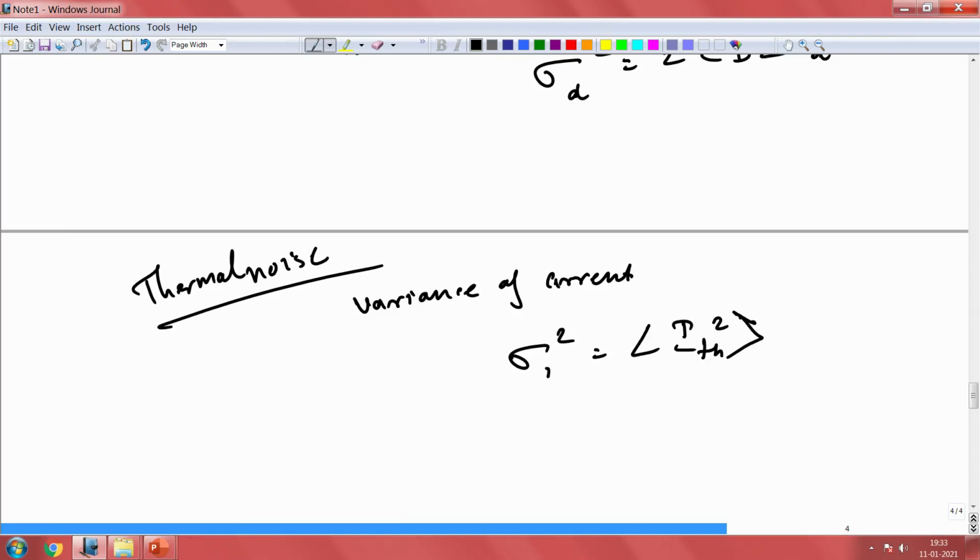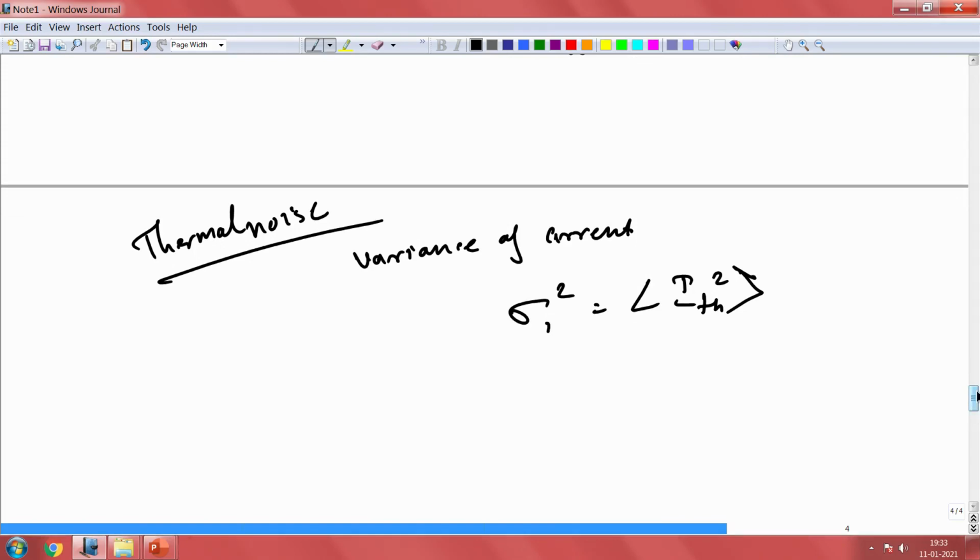So, this is common for any resistive element to have thermal noise, and this strongly depends on the frequency of operation as well, right. The thermal noise power for a detector system depends on the bandwidth of operation as well, right. So, for a normal operation, for any photodetector your frequency is much lower, right.